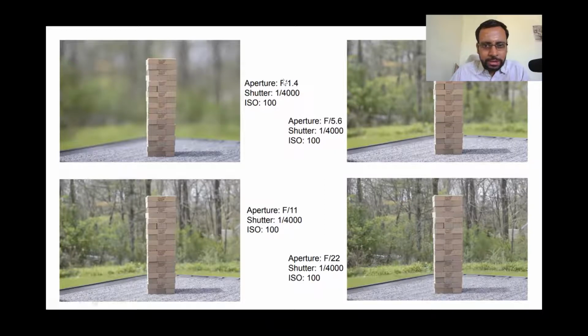Well, this is f by 1.4 here, 5.6 here, 11 here, 22 here. So f by 22 means your aperture size has decreased, so you should have more depth of field, which you could observe here. Same thing, but some other scene that we are seeing here. Similarly, shutter speed, your aperture size is small.